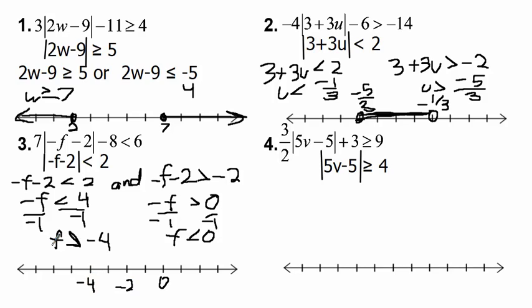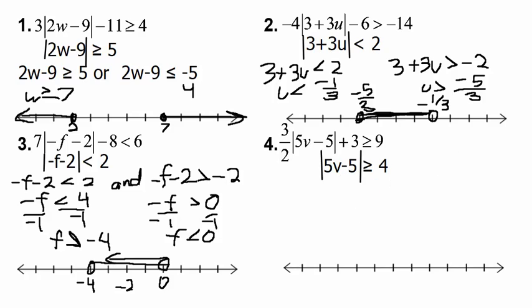So I am greater than -4. So here's my -4. Open circle greater than. Here's my open circle less than. These are and, so I really need to erase this guy right here. And it is between those two values.